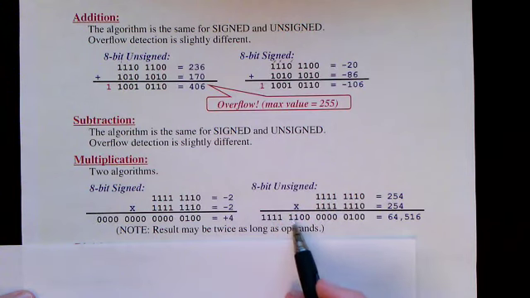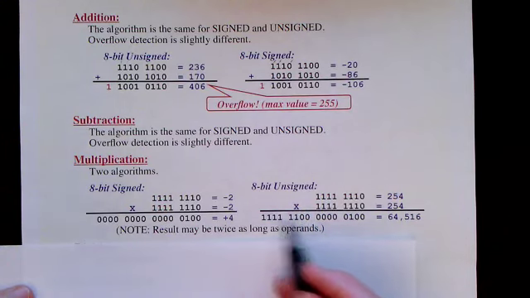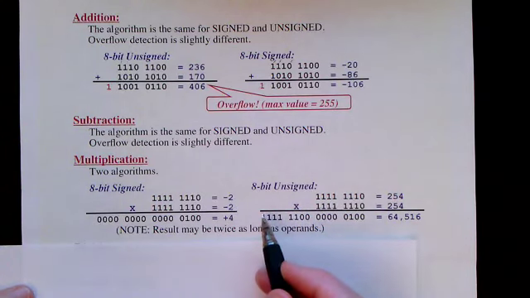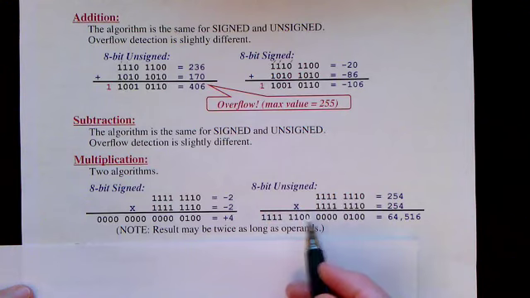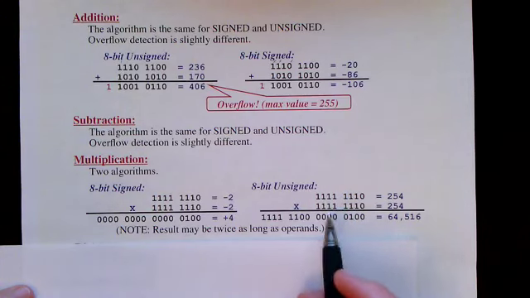We have a bunch of significant ones out in the high order byte. So this is an example where the result is twice as large as the 2 operands. So with multiplication, what we'll see is two operands of one size and a result that's twice as large.